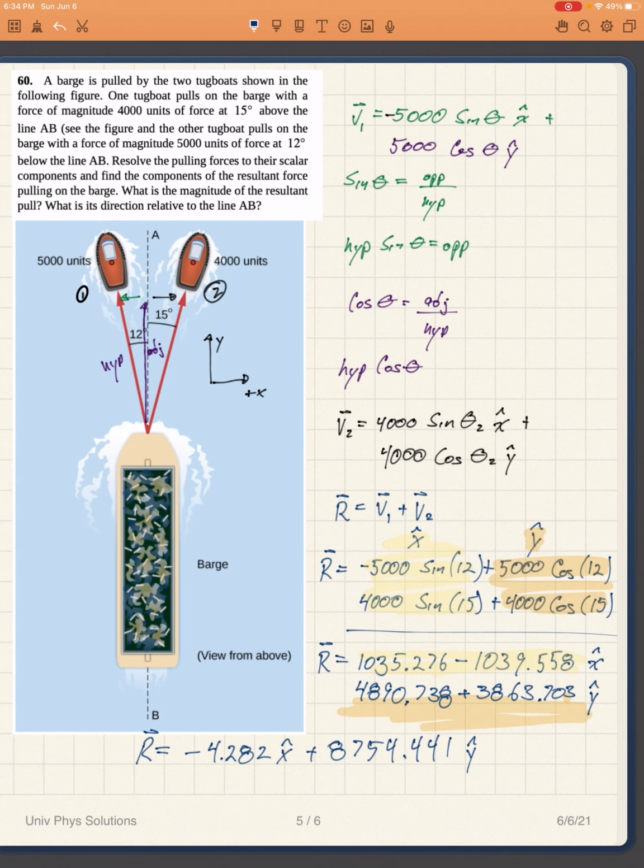Now it looks like my least number of significant figures is 1, so I would want to rewrite this answer in one significant figure.